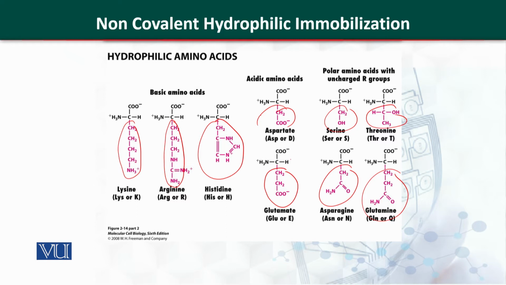The amino acids included in hydrophilic amino acids are lysine, arginine, histidine, aspartate and glutamate, serine, asparagine, glutamine and threonine. All these amino acids are considered hydrophilic because they reside happily in water.